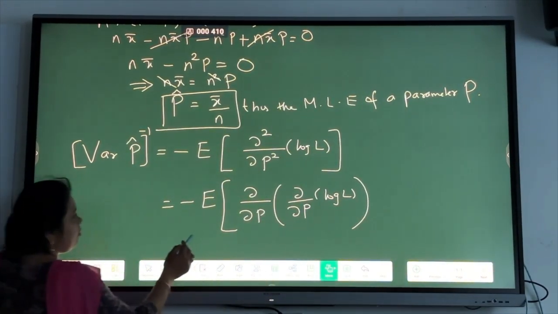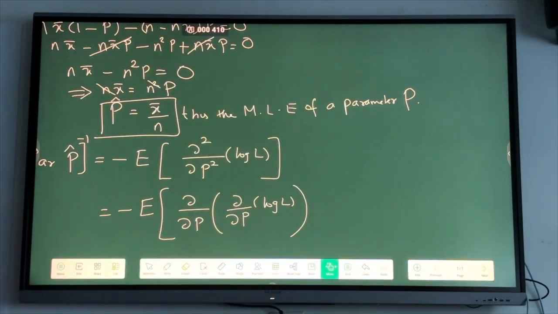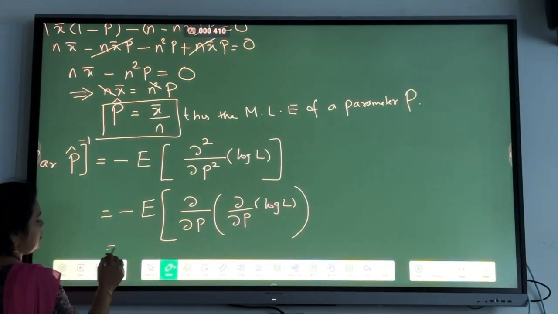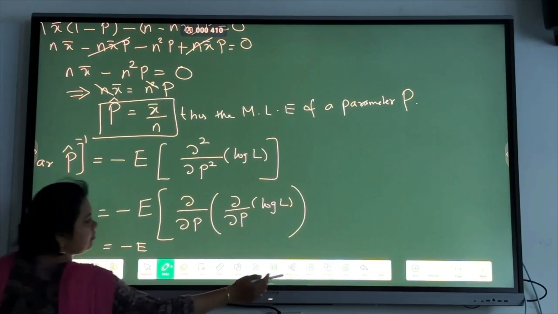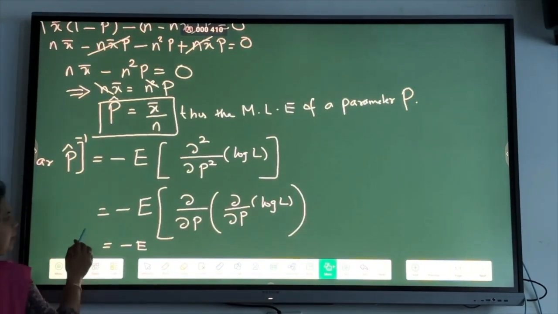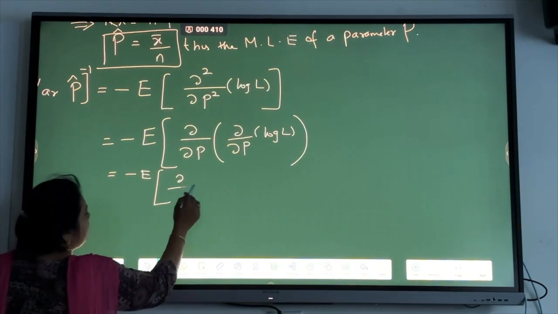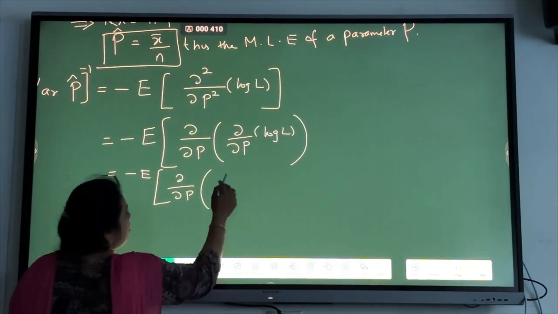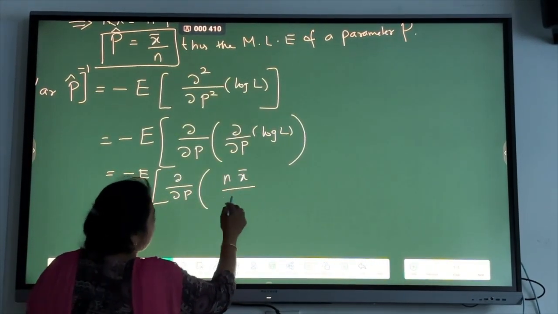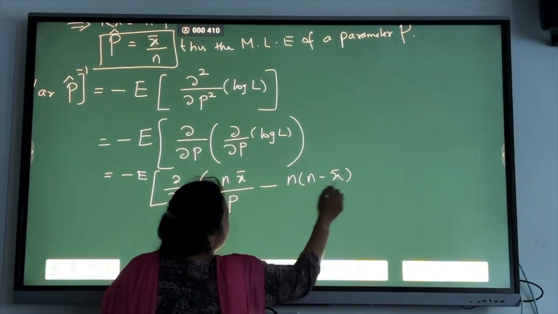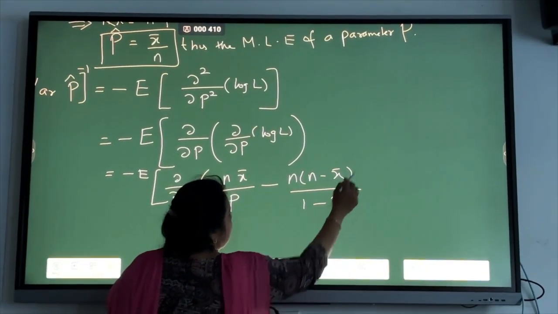So once again you differentiate p, which is minus e dou by dou p of n x bar by capital P minus n into n minus x bar by 1 minus p.